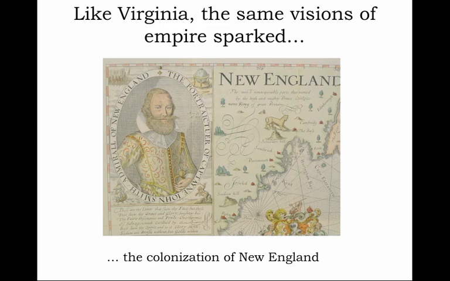So, like Virginia, the same visions of empire sparked the colonization of New England, and we even see here a familiar face, that of Captain John Smith, who affixed his name and image to the writing of the first history of New England, just as he had that of Virginia. So lots of connections here between the English settlements of the Chesapeake and that of New England.